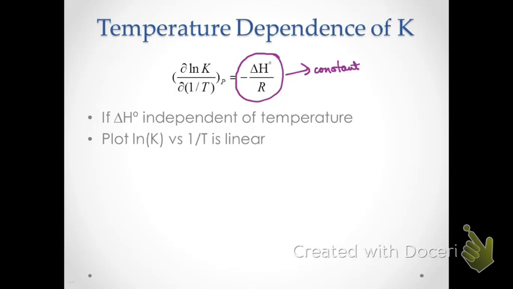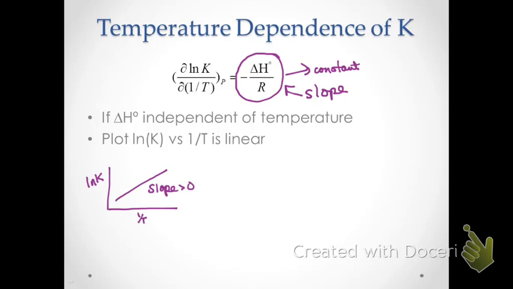Now remember that the derivative represents a slope. So if we were to plot the natural log of K versus 1 over T under these conditions, we should see a straight line. And the slope of that straight line is equal to negative delta H naught over R. So in this particular case, we see the slope is greater than 0.